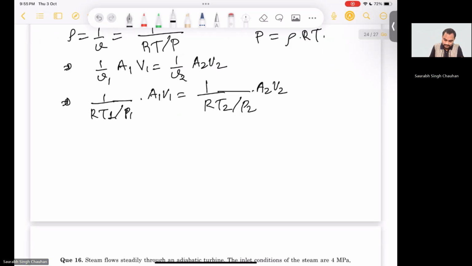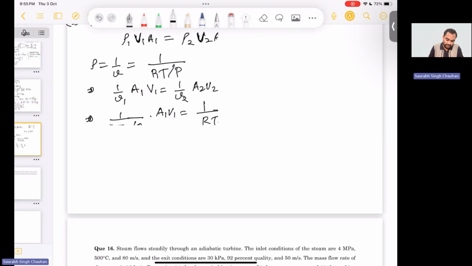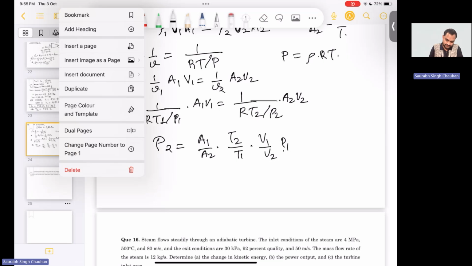From here you can write P2 is equal to A1 by A2, T2 by T1, V1 by V2, into P1. Now you have all these values, you just need to substitute.